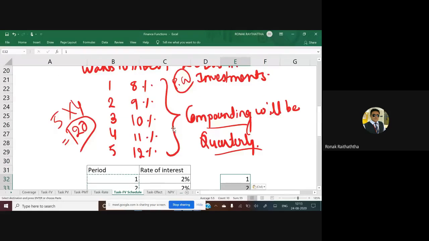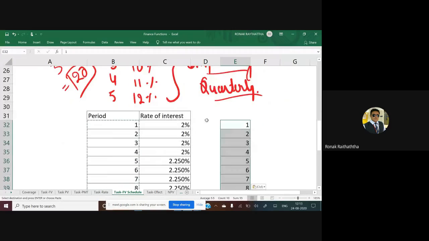Then instead of 8%, I would divide it by 2, because in 1 year you have 2 semi years, right? So equal to 8% divided by 2. So that comes at 4%. I'm copying 4% in period number 2 as well. So first 6 months 4%, and second 6 months again 4%.